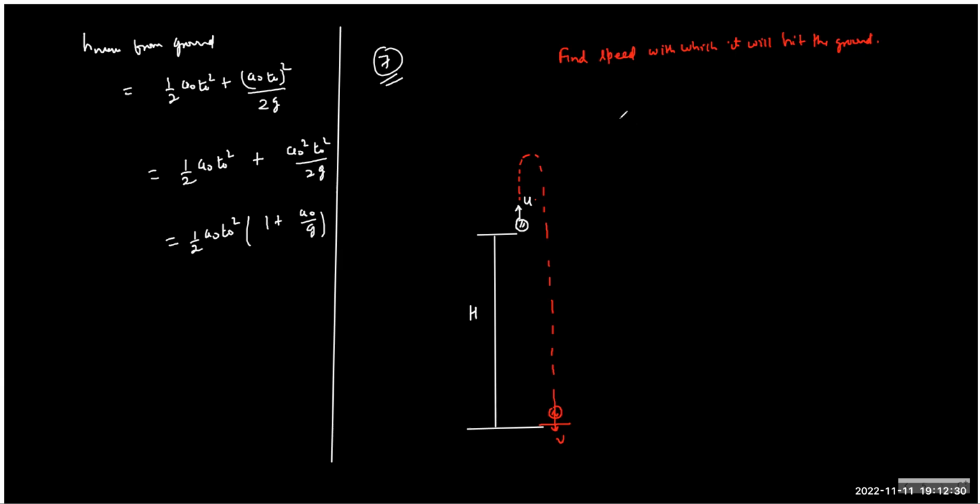So the third kinematical equation is the best way to go, but you can also use other methods. But third is best. So Vy square equals to.